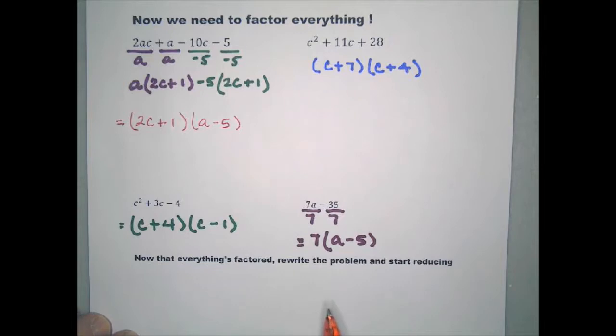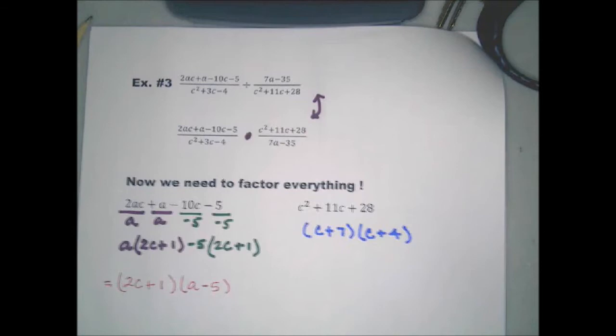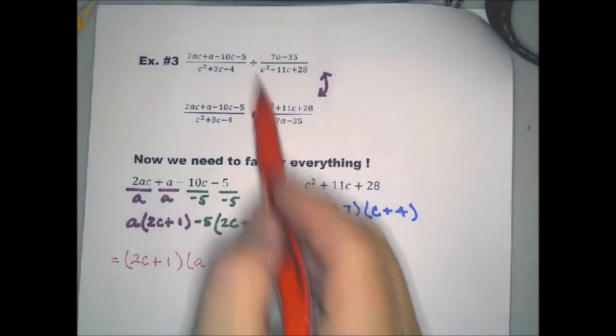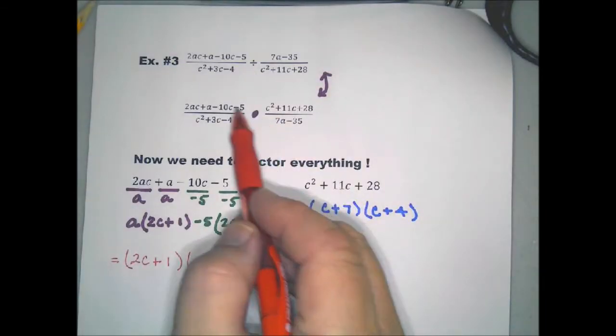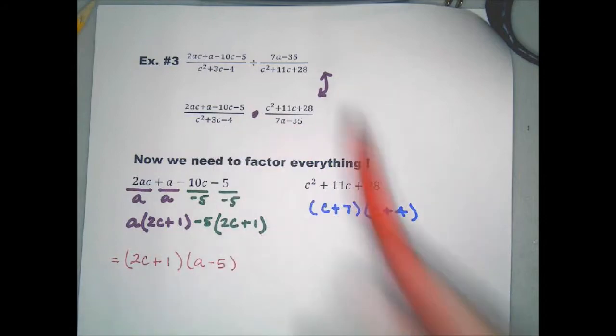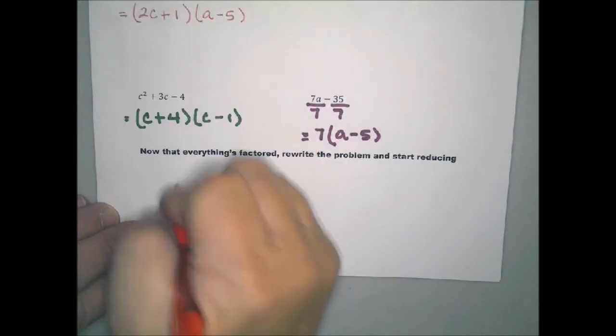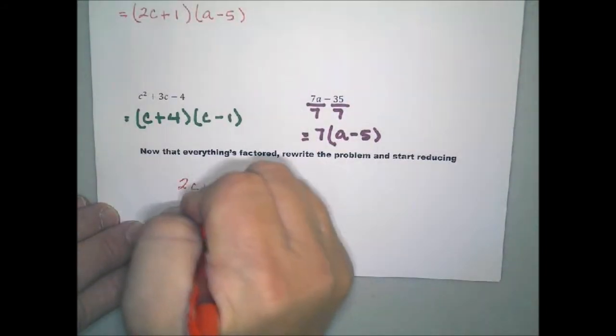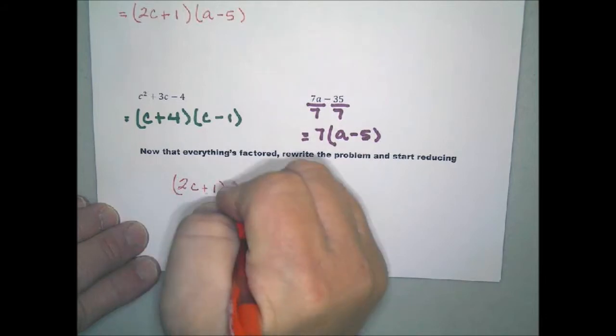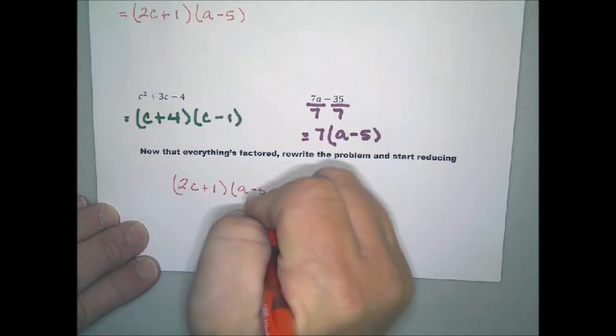So we're going to go back, take that multiplication problem. After we turned it from division to multiplication, this is what it looked like unfactored. Let's write it in its factored form. The numerator was 2c plus 1 times a minus 5.